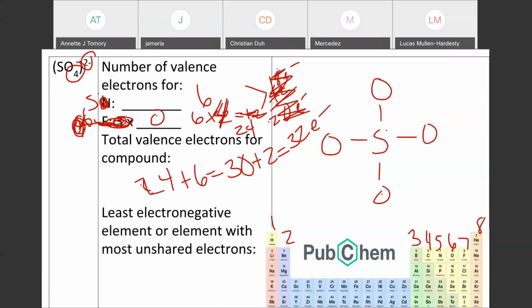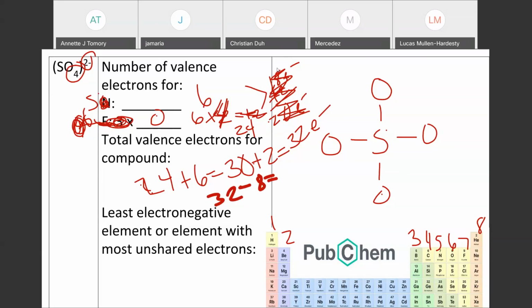Okay. That's right. All right, so how many electrons do I have taken care of at this point? 8. So I have 32 minus 8. So 32 minus 8 is what? 24.